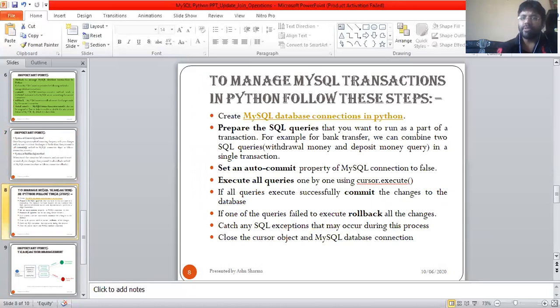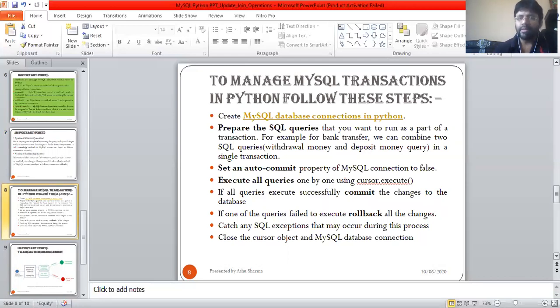Now there are some specific steps to manage a MySQL transaction in Python. These few steps have to be followed. First is create the MySQL database connection in Python, as we have already done. Prepare the SQL queries that you want to run as part of the transaction. For example, for a bank transfer, we can combine two SQL queries, one for withdrawing money and the other for depositing money.